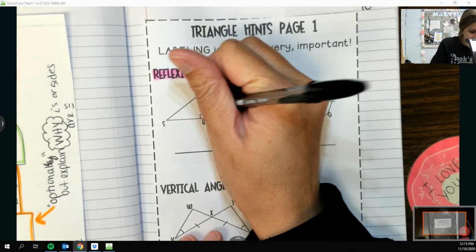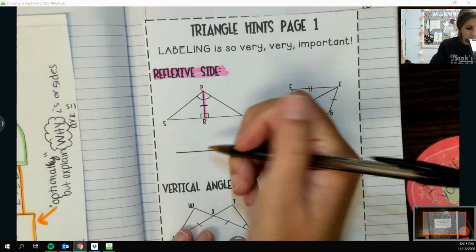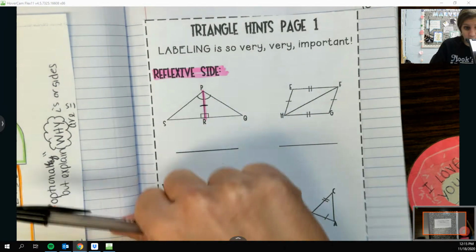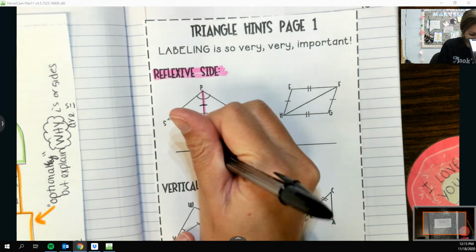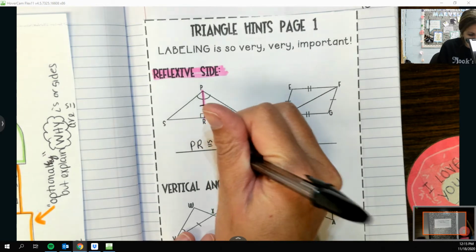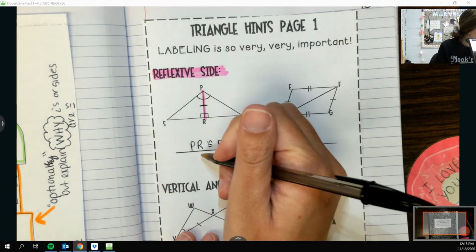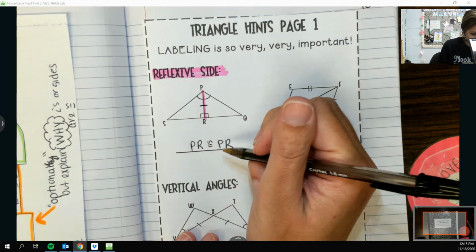So I really can add a tick mark here, and on my line, like in my flowchart proof, I could say that PR is congruent to PR by the reflexive property.